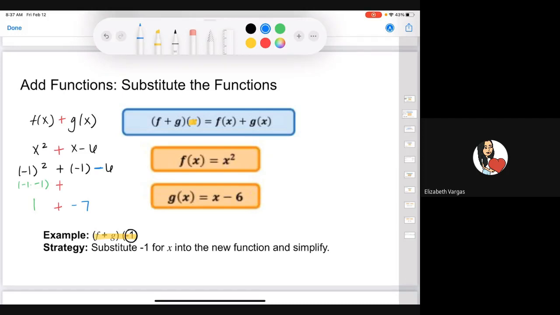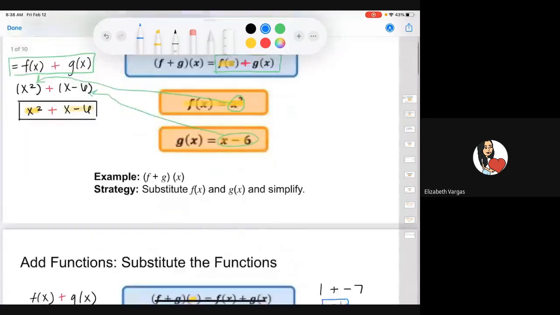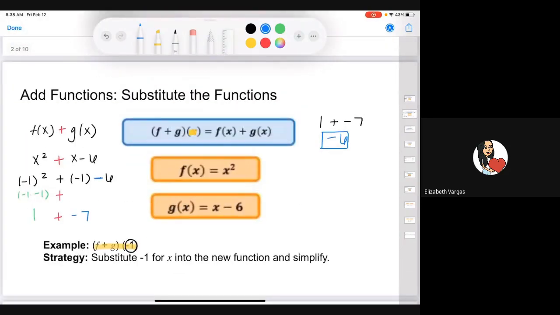So when I have 1 plus -7, I get -6. That would be my answer at the end. Okay. Any questions about this? No. Okay, so basically what you do here is you just do what we did over here. You create your equation. We get the same equation here. But now we substitute the -1 in, and that's how we get to -6.